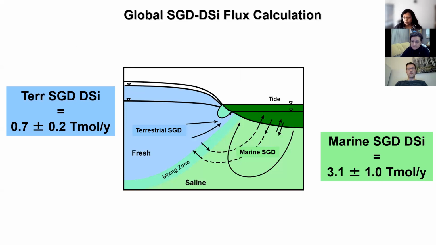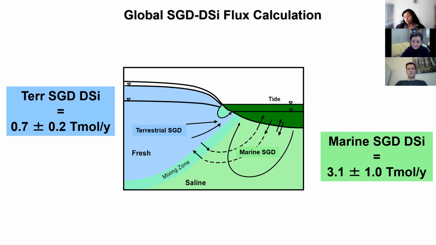So this is what we arrived at for marine SGD dissolved silicon input, about 3 teramoles per year compared to 0.7. Now, if you work with the marine silica cycle, the global silica cycle, the riverine input is about 6 teramoles per year, whereas the combined total SGD dissolved silicon input is close to 4.